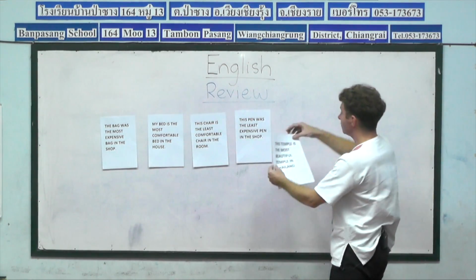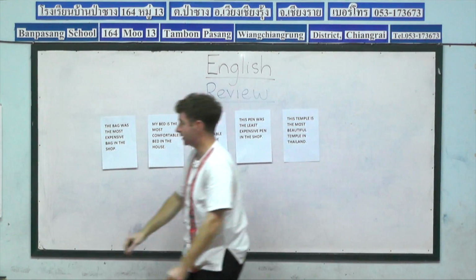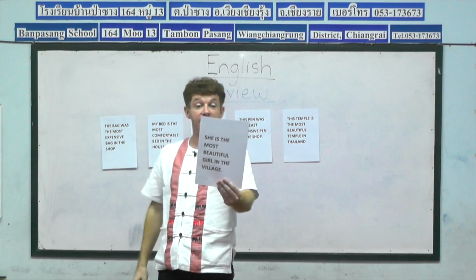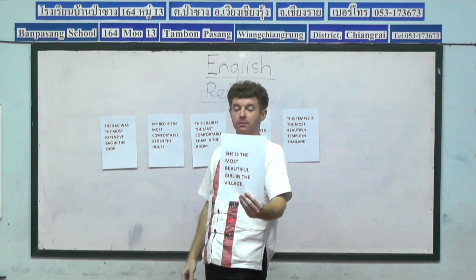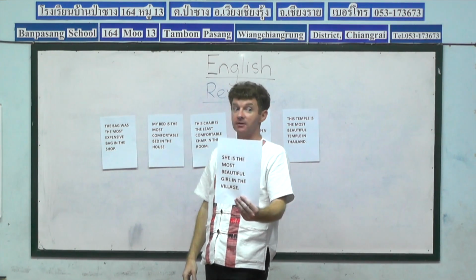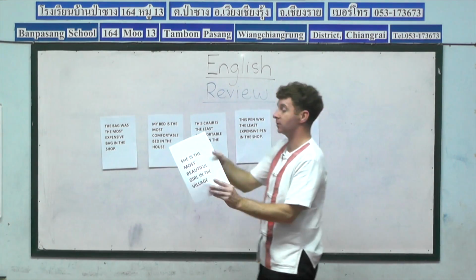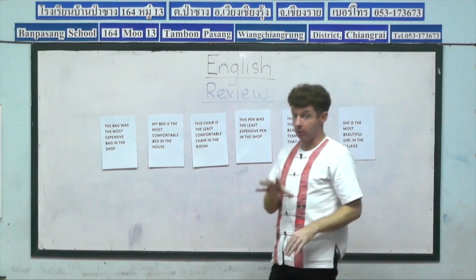The most beautiful temple in Thailand. And finally, our final sentence is, she is the most beautiful girl in the village. So the superlative, most beautiful. So there we have our 6 sentences on the boards, guys.